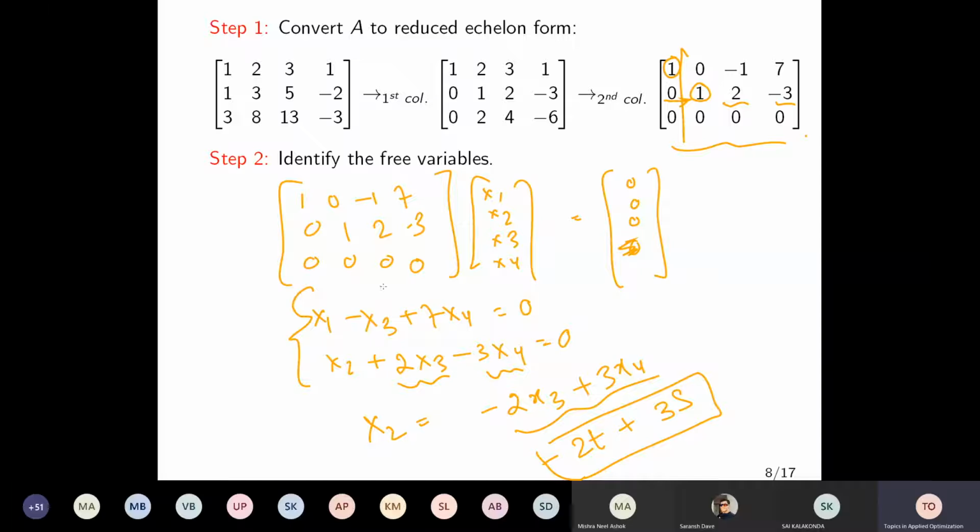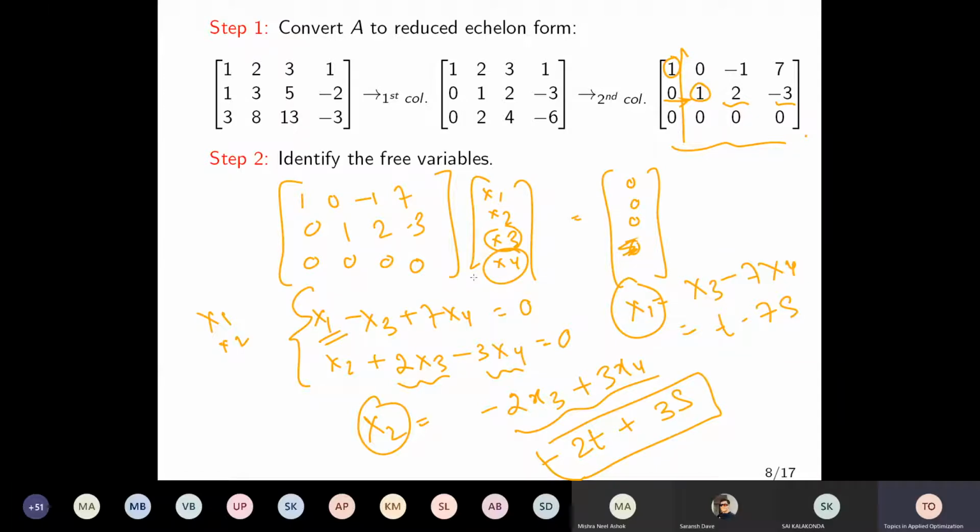And from there I can also get x1. So x1 is x3 minus 7x4, which turns out to be t minus 7s, since x3 was parameterized as t. So you see your solution looks like this: x1, x2, and then you have these parameters, which are free.